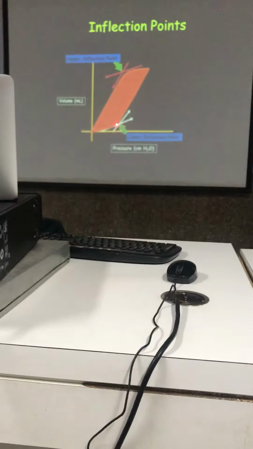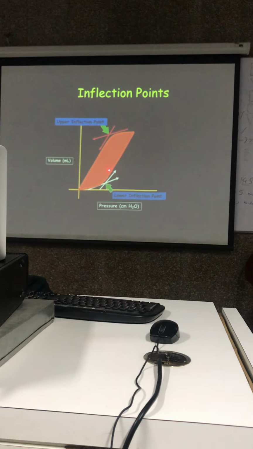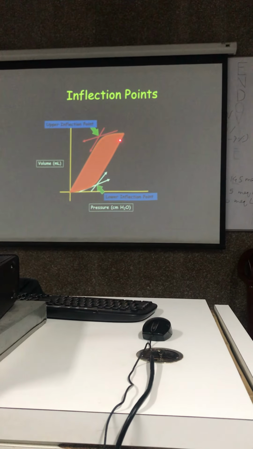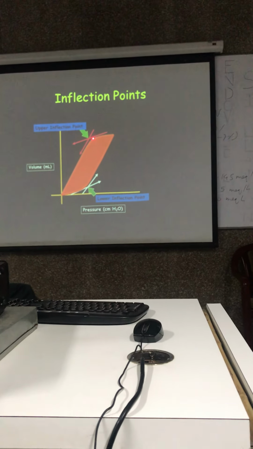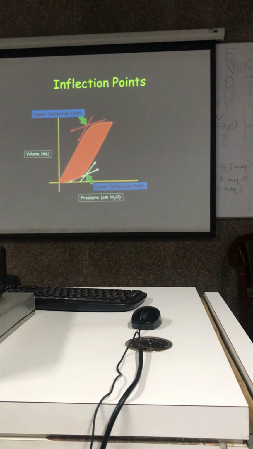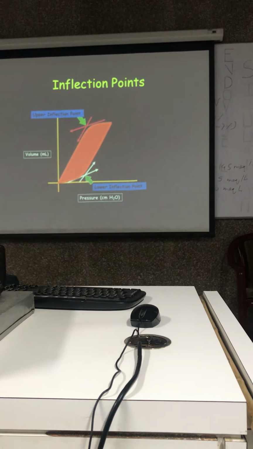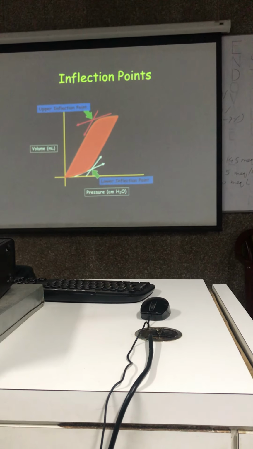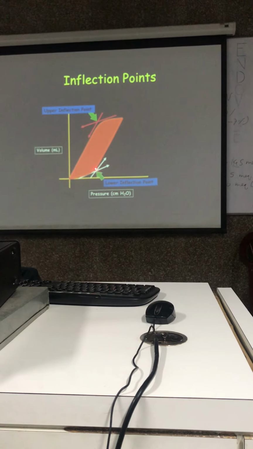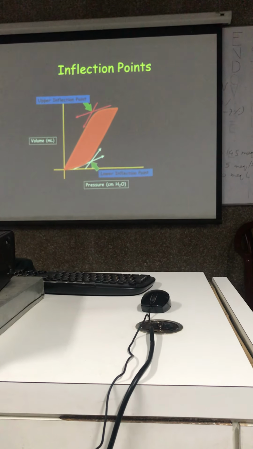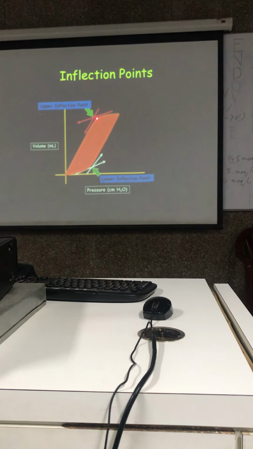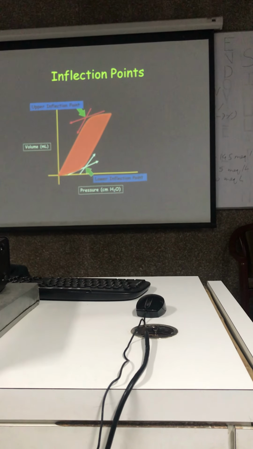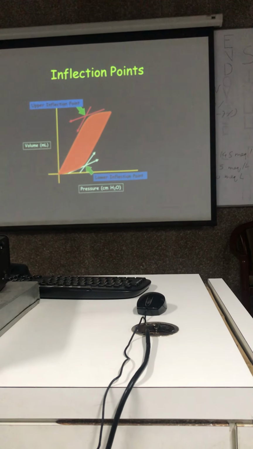The point where it curves is supposed to be the lower inflection point. Then it goes up, and where it curves up there, that's supposed to be the upper inflection point. Now, it was a thought process, and a lot of studies have been done on this, that the PEEP should be kept above the lower inflection point. And you should not let the upper inflection point go up, because that determines the degree of over distension.